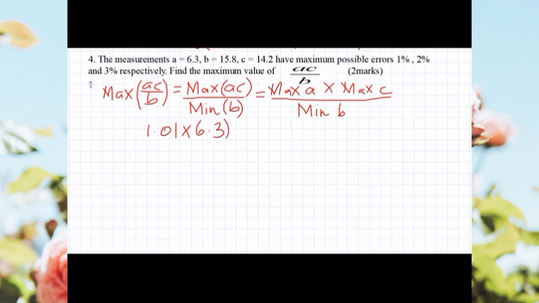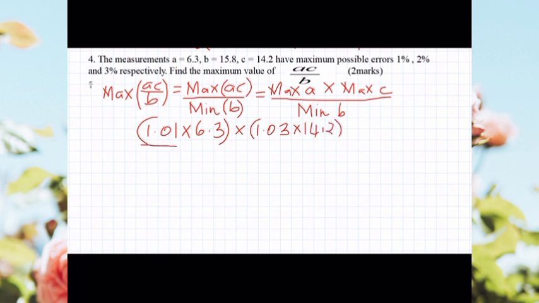And then the maximum of A, we multiply by the maximum of C, and we've been told that the maximum possible error for C is 3%. Hence, we add the 3% to 100% in order to get 103%, which in decimal form is 1.03, and so we multiply with the value for C in order to obtain the maximum.